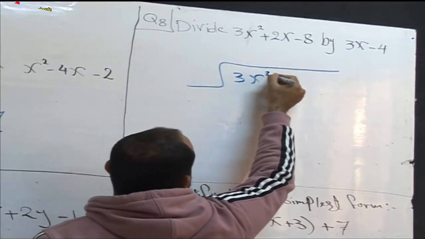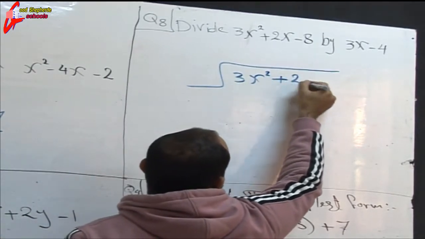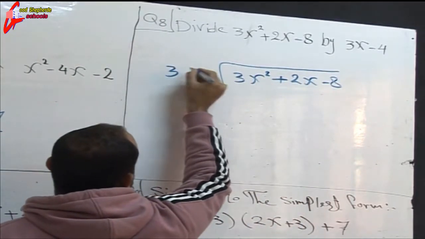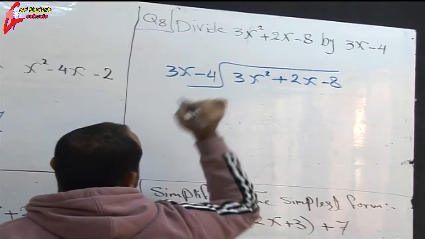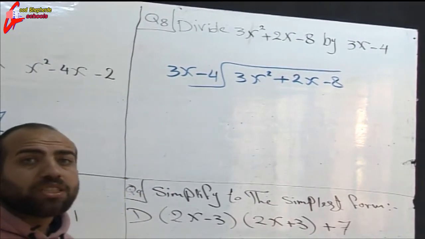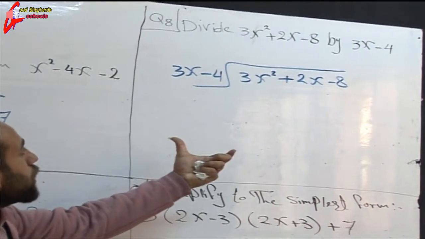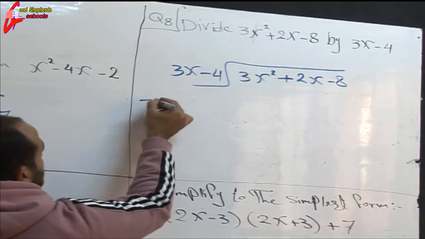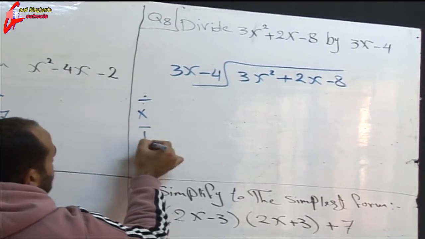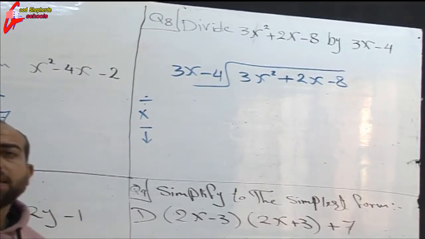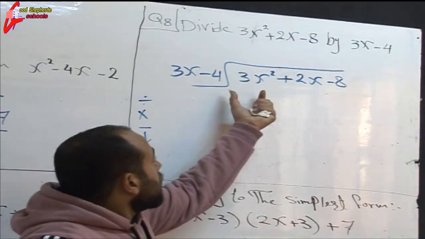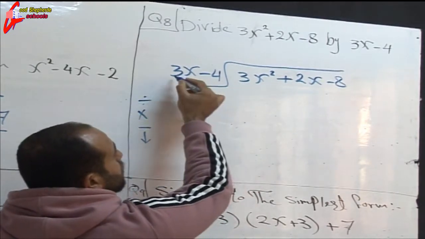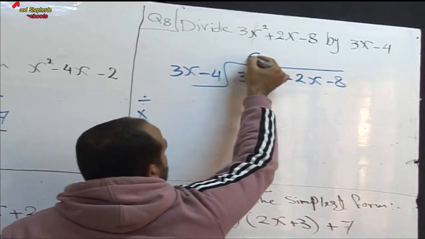When we divide an algebraic expression by a binomial, we follow 4 steps. Divide, times, minus, drop. First, divide the first term by 3x. 3x^2 divided by 3x, you will get x.